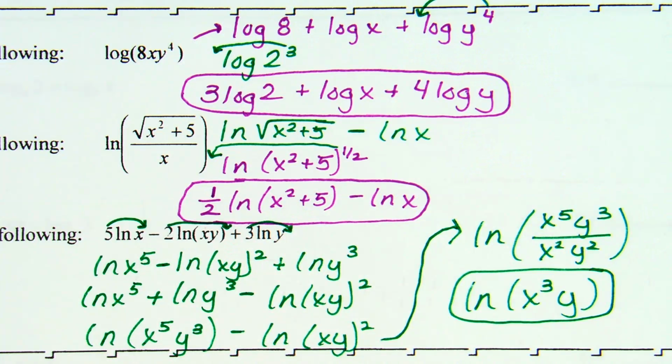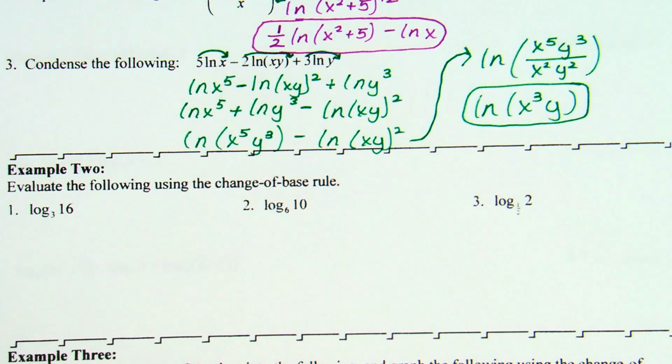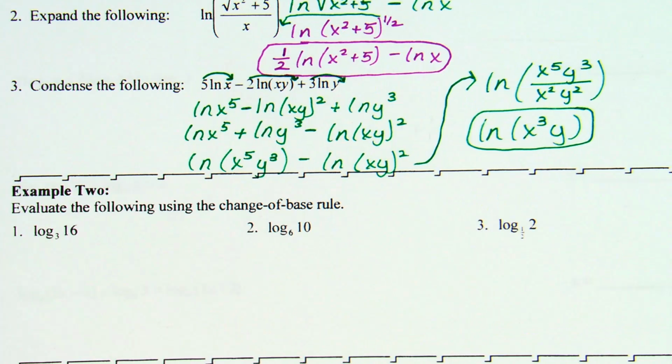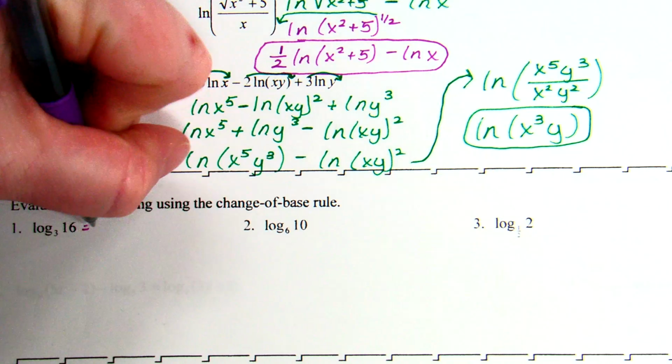Example 2 is evaluate the following using the change of base rule. So look back up to rule number 4. How does change of base rule apply to log base 3 of 16? Log 16 over log 3 is what I heard up front.